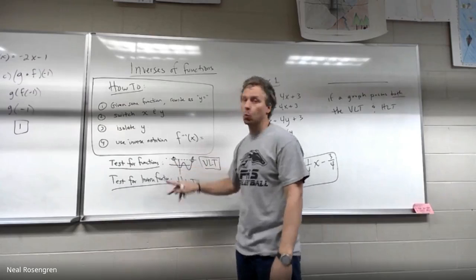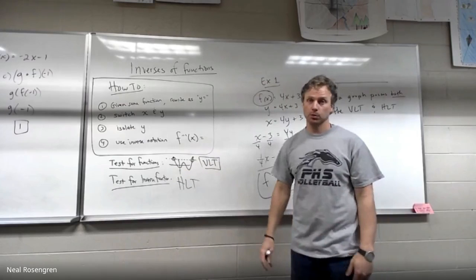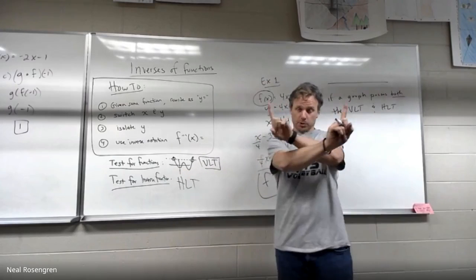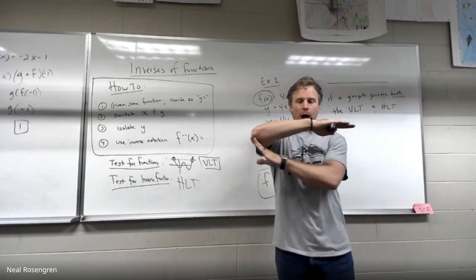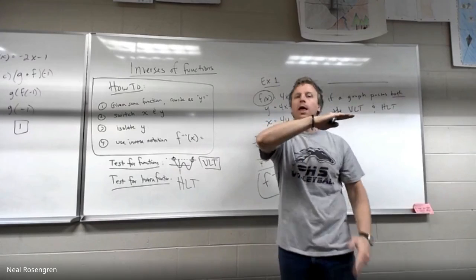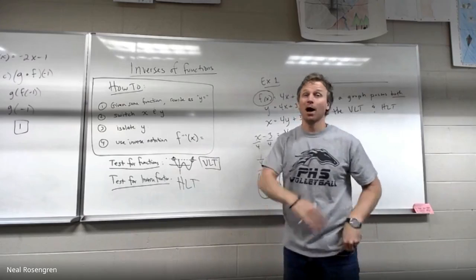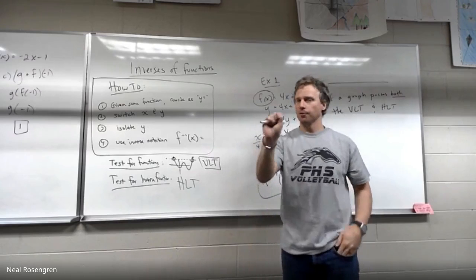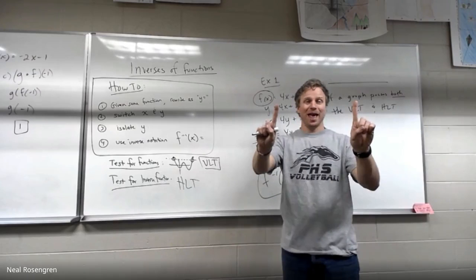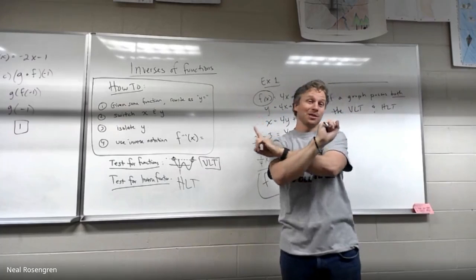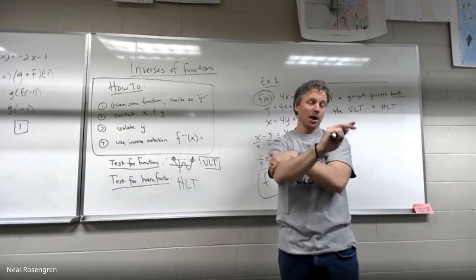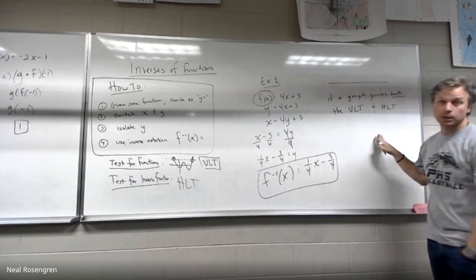Stop at any x, there's only one point that I'm going to run into. And vice versa, for every y value that I run into, I'm only ever going to find one x that makes that y value happen. So for every one x, there's a y, and for every one y, there's an x. Okay, if it does both, it's unique and it's really nice.